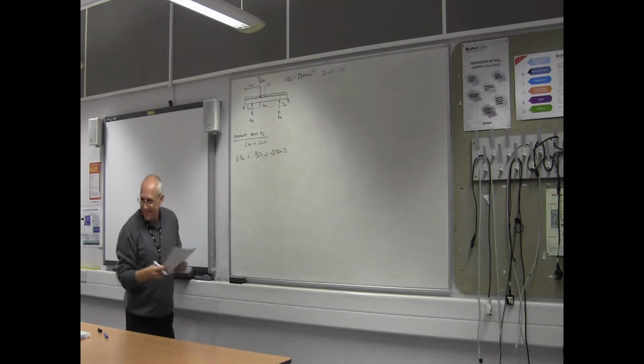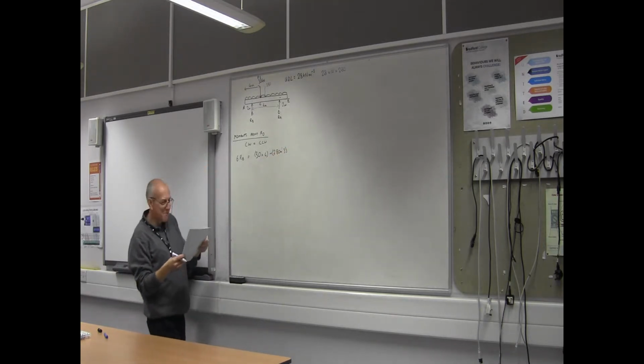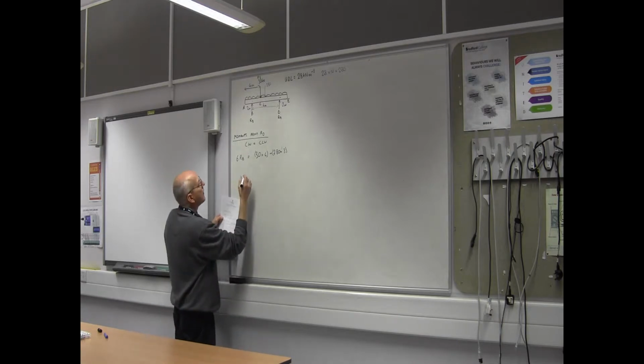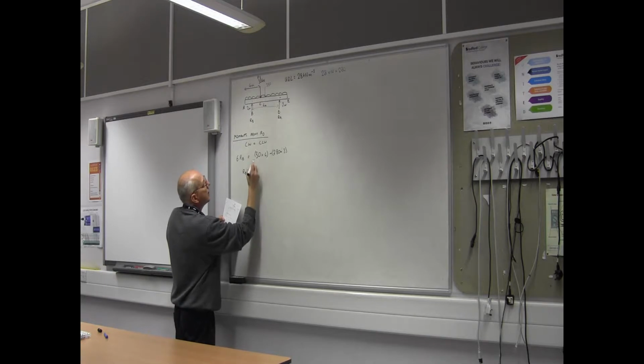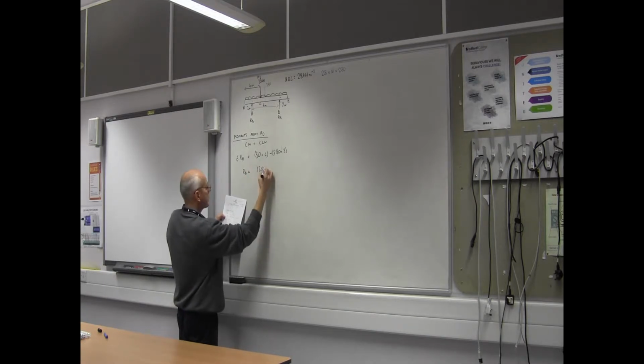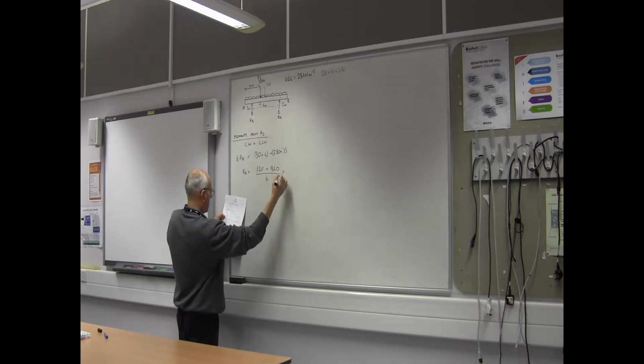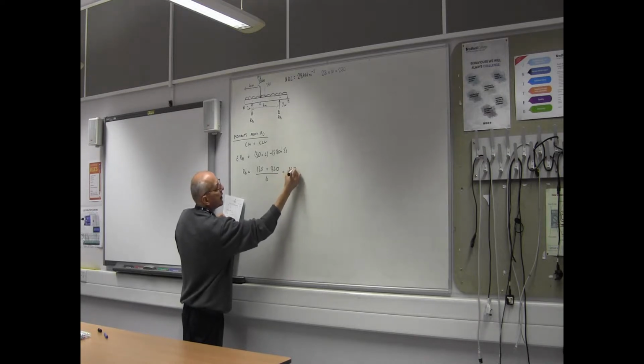So if I rearrange this, I will get RB to be 120, all of those, plus 840, divided by 6, which gives me 160 kilonewtons.